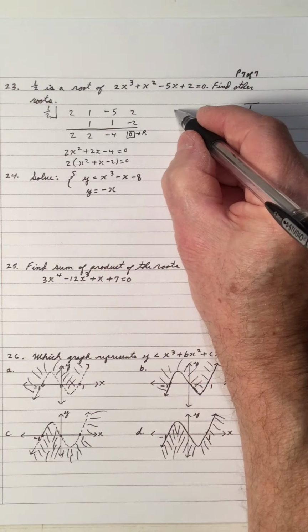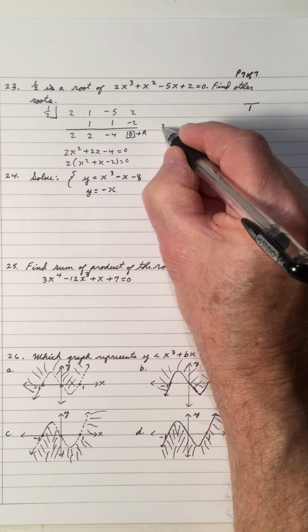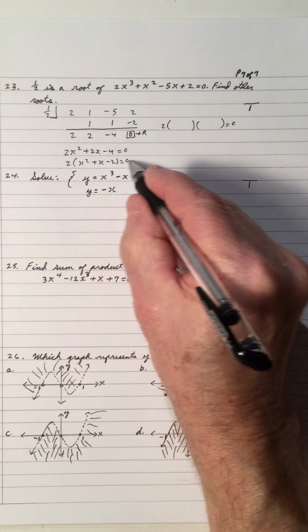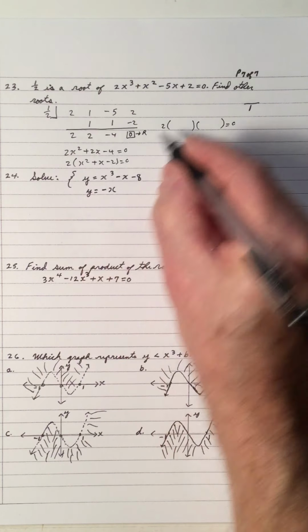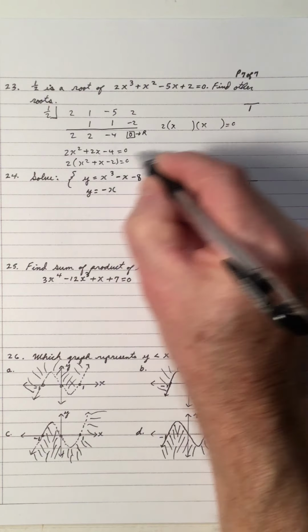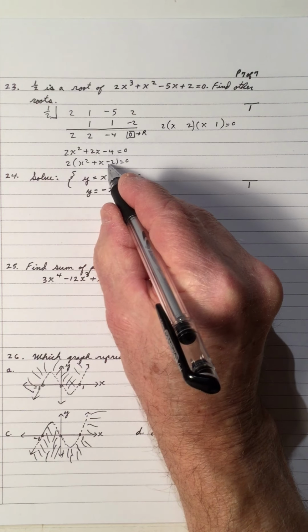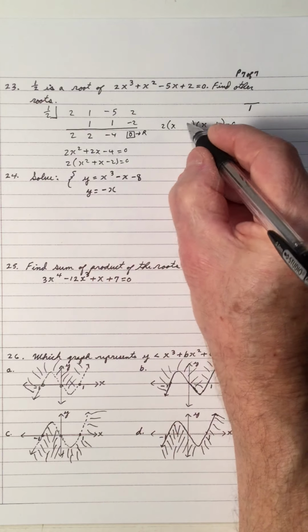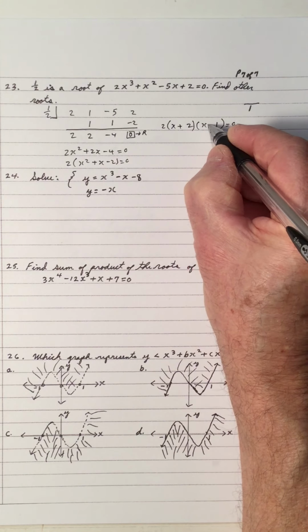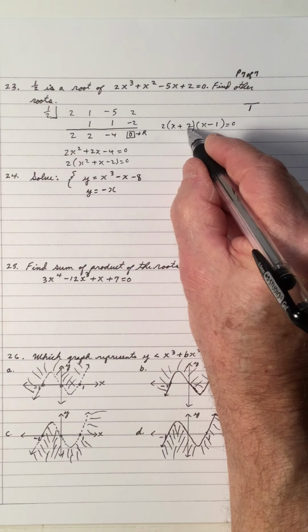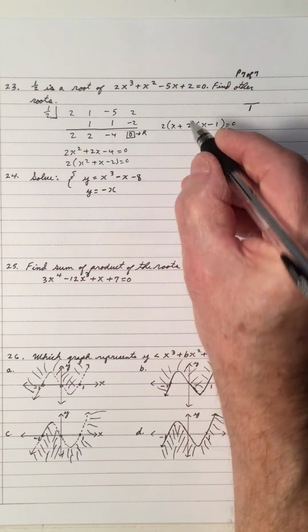I could divide by 2, so that means I have 2 times, I'm going to factor this trinomial, which is x and x. Factors of 2 are 2 and 1. Because the product is negative 2 and the sum is plus 1, so I must have a plus 2 and minus 1. Multiply 2 times negative 1, negative 2. Add 2 and negative 1, 1.